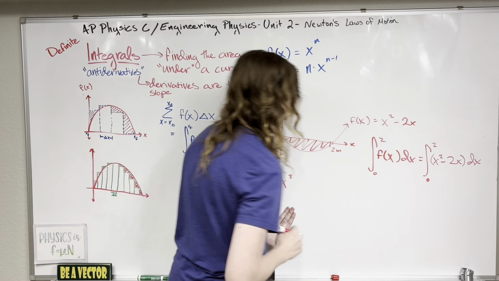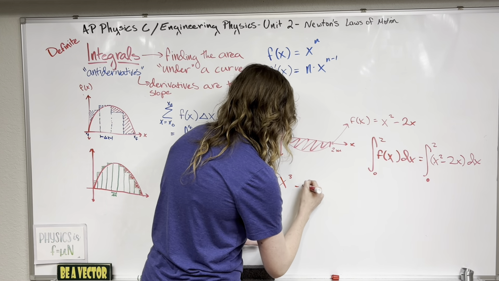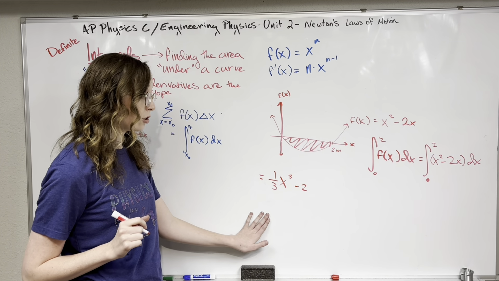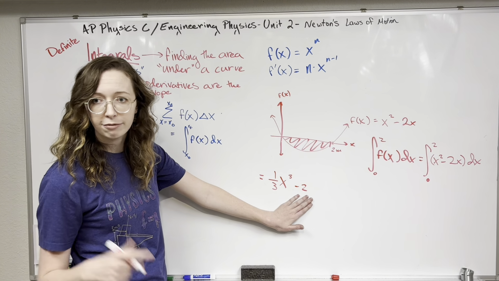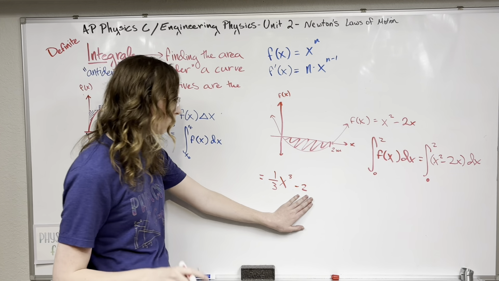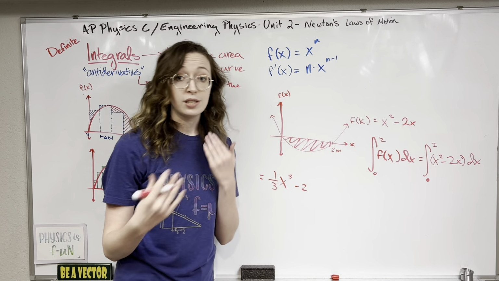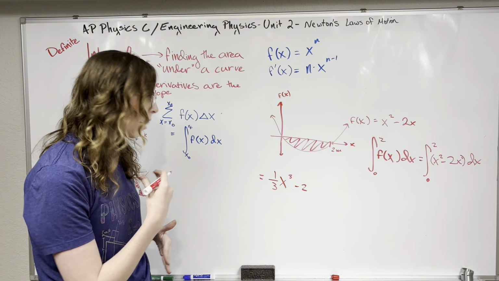Then I have minus 2x. So we have to think which function, when I take the derivative of it, would give me minus 2x. I'm going to leave my minus 2 at the front because it's my coefficient. It doesn't go away. Quick reminder that this is x to the first, so we're still applying that power rule but backwards.